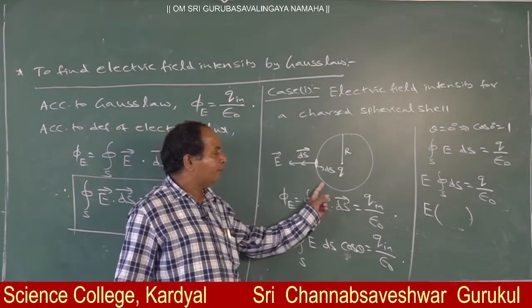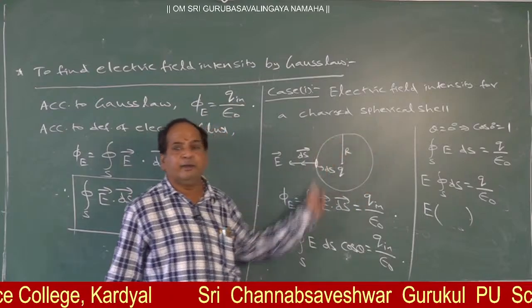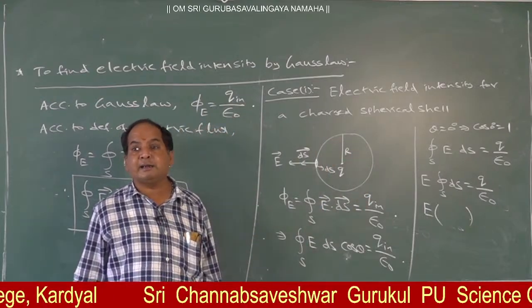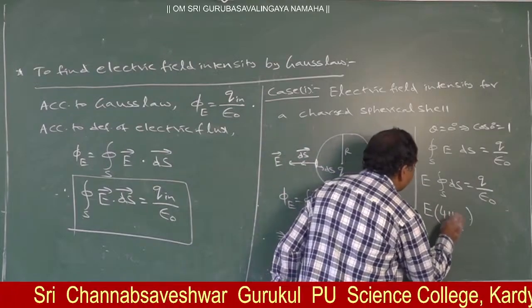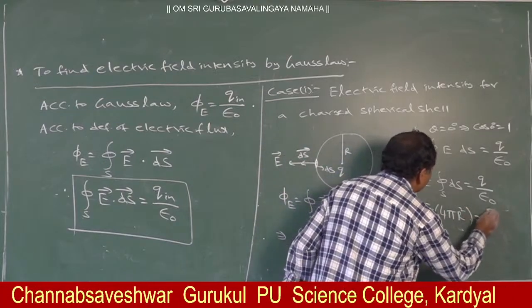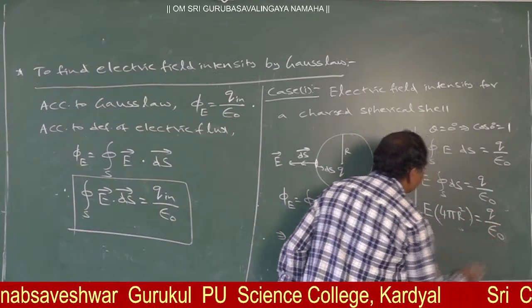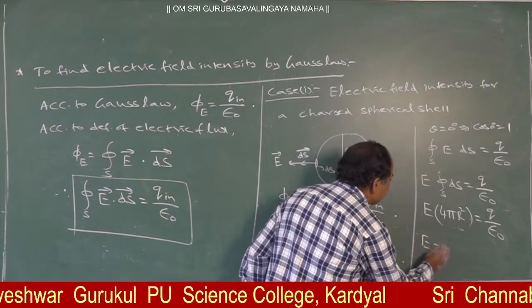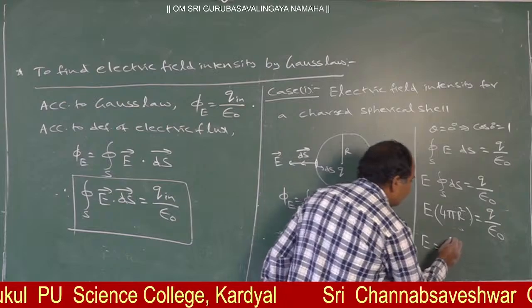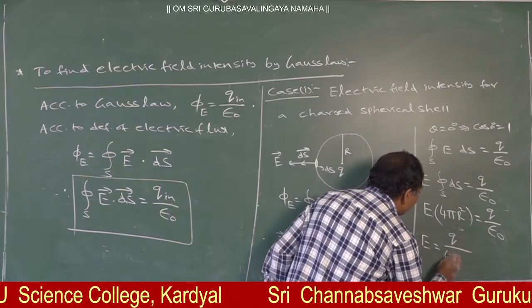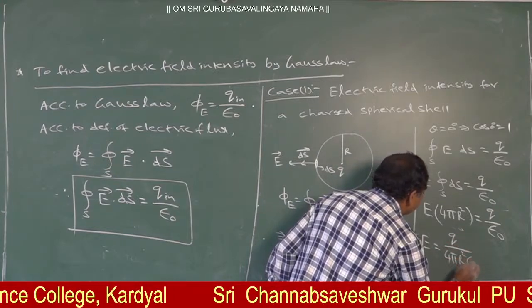If you add all small elements, you will get the total surface area, 4 pi r square, equal to Q by epsilon. So E is equal to Q by 4 pi r square epsilon naught.